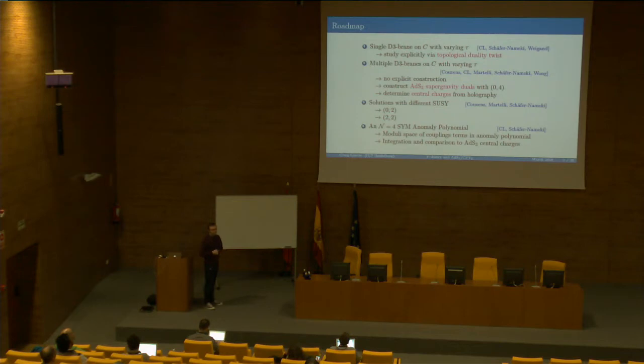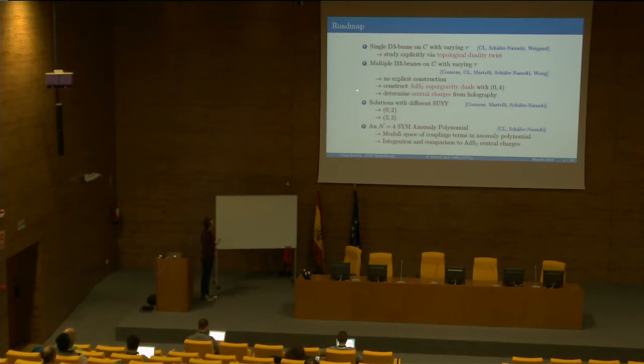Unfortunately, these tools do not generalize to the case of multiple D3 branes, and so we lack explicit construction. However, what one can do is construct supergravity duals with (0,4) supersymmetry. So this is now going to be like the string in 6D. And one can determine some data like central charges or anomaly polynomials by studying the holography.